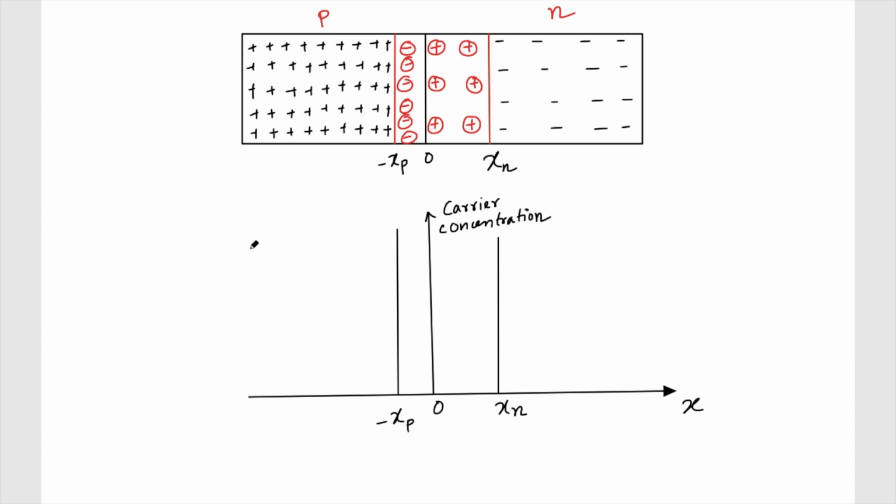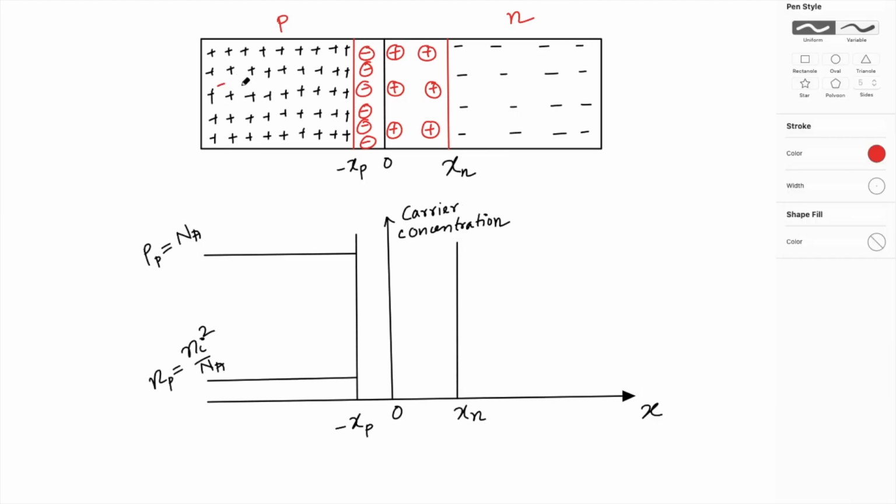So this is the carrier concentration of the majority charge carrier holes, which is Pp equal to Na, the holes on the P side, and of course the electrons on the P side, which is the minority charge carrier, and on the P side is equal to Ni square by Na.